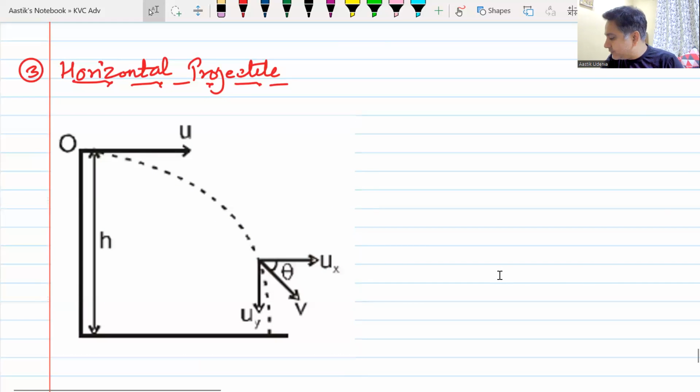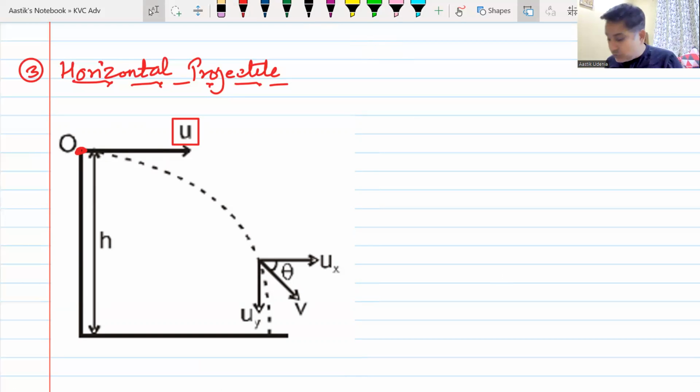This is point O, the point from where I have projected it. And since I have projected it in the horizontal direction, it is known as a horizontal projectile.